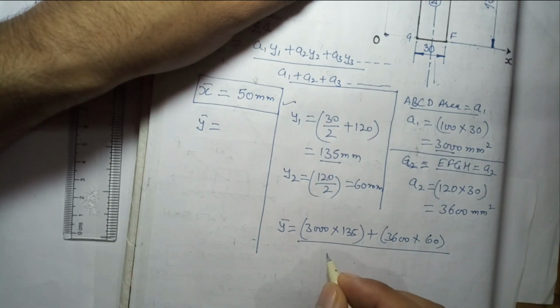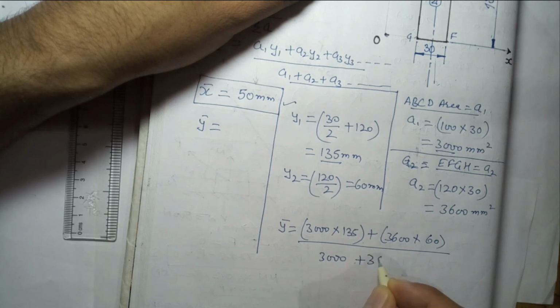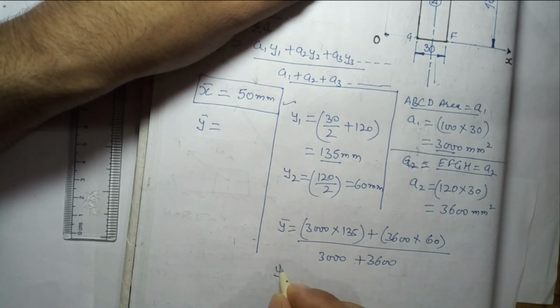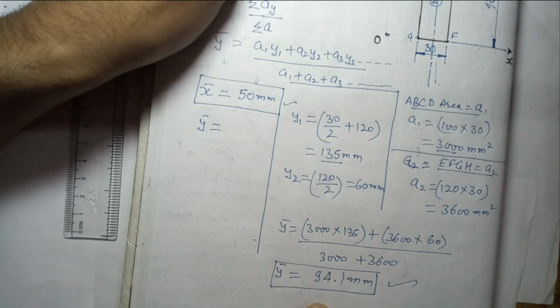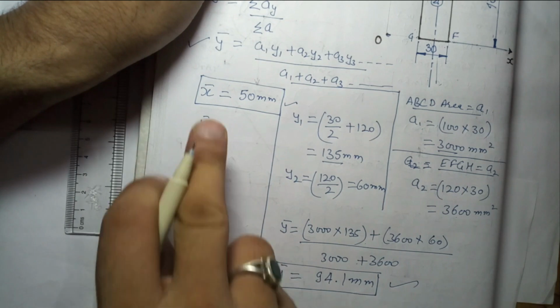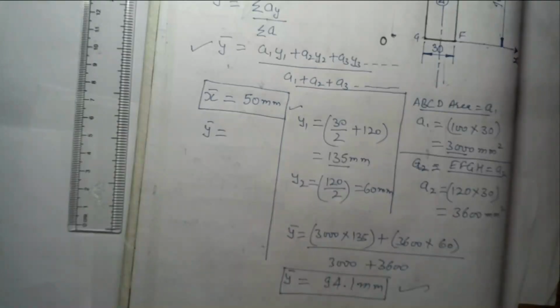Divided by A1 plus A2, that is 3000 plus 3600. So we get the value of y bar. When you calculate it, it comes to 94.1 mm. So this is the required coordinates, y bar and x bar. In this way we solve the problem.